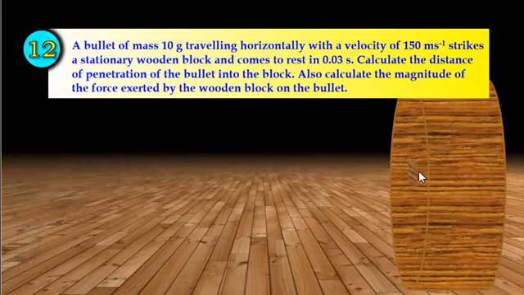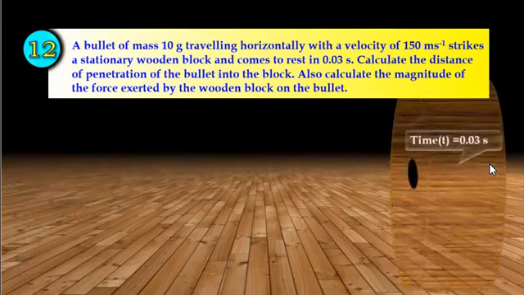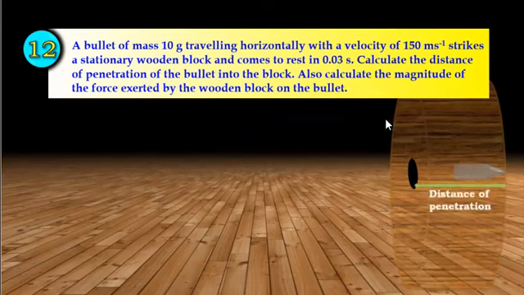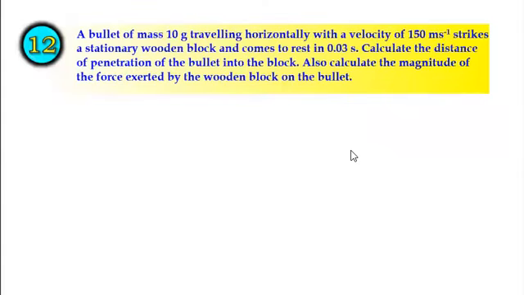It is immersed in it and it has entered somewhere here. Then time taken is 0.03 seconds. Distance of penetration, F is equal to question mark. Calculate the distance of penetration of the bullet into the block. Also calculate the magnitude of the force exerted by the wooden block on the bullet, means opposing force.